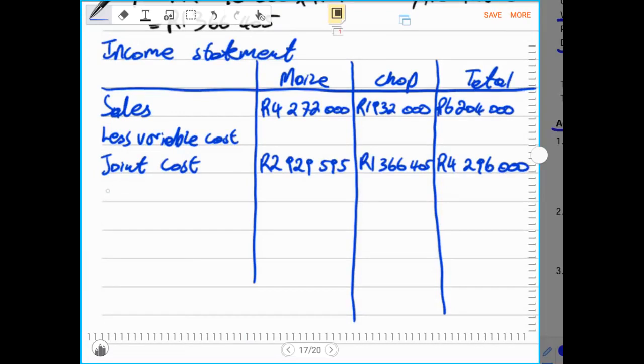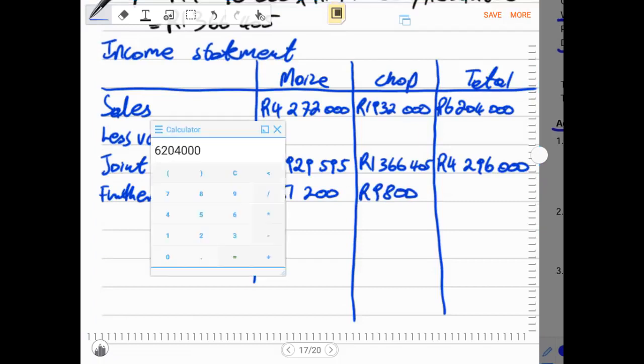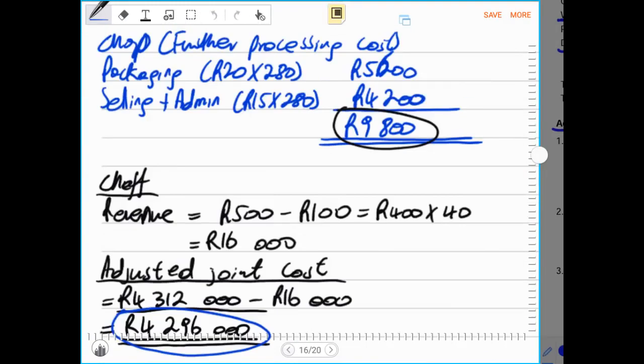Then after we had further processing cost, and further processing cost was 151,200, and here it was 9,800. I think my memory still serves me on this one. It was 9.6 or 9.8.